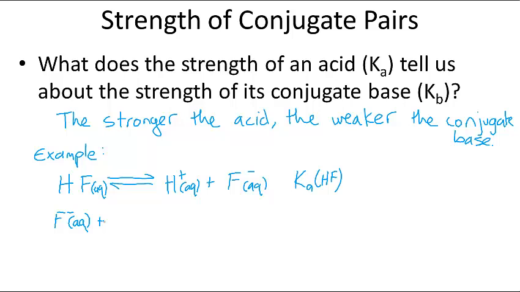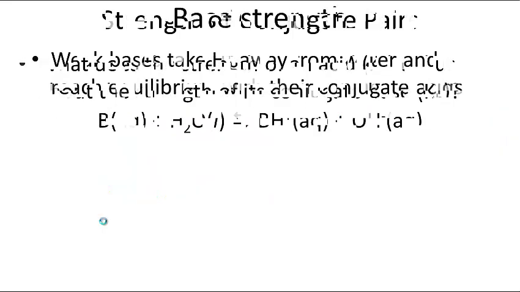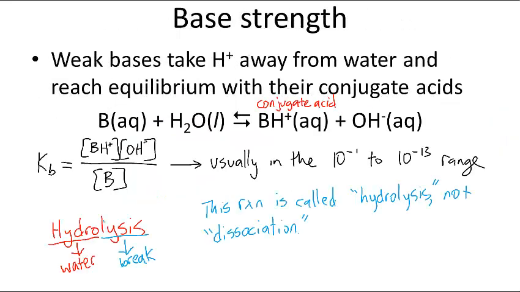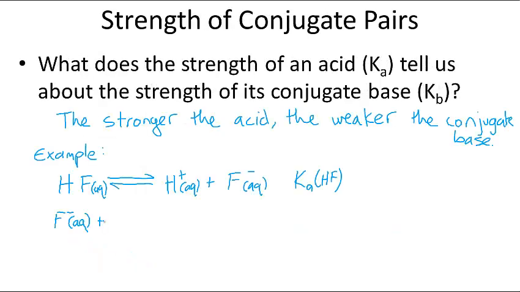So the Kb reaction for F minus has to have F minus reacting with what? Not with H plus. So for Kb, remember my equation looks like this. It's got to be the base plus water. So it would be F minus plus H2O, making HF now plus OH minus.